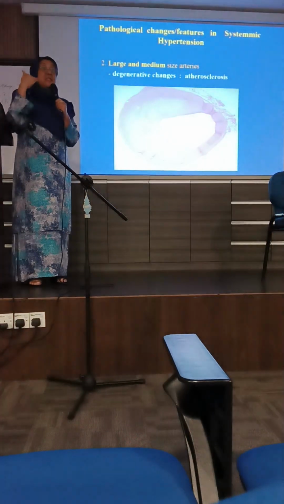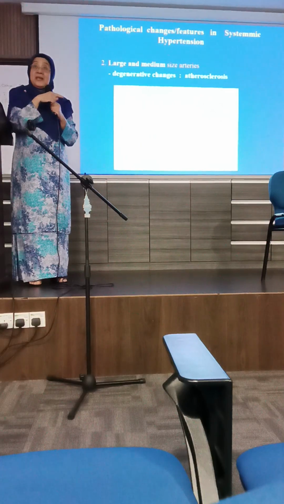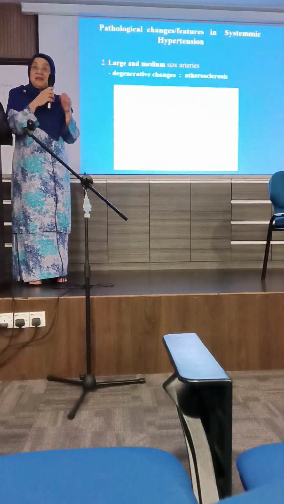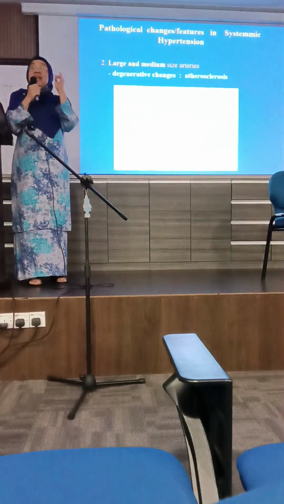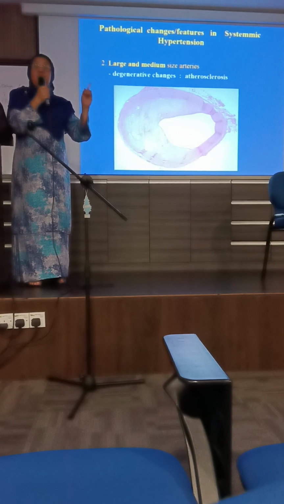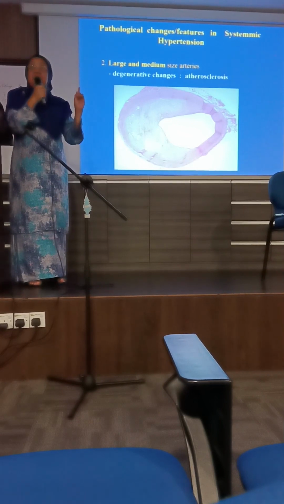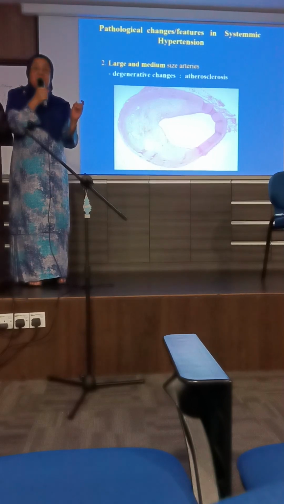And what are these degenerative changes? It is atherosclerosis. Baru tadi. Kan? So hypertension can lead to formation of atherosclerosis in the large and medium-sized blood vessels. Do you know what's atherosclerosis?